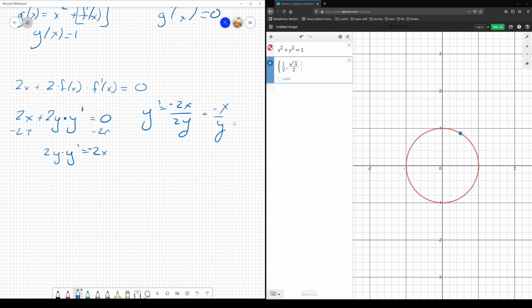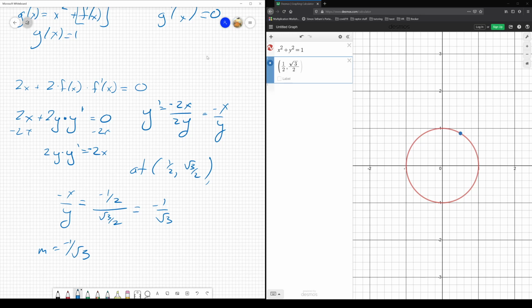So putting everything together, at the point 1/2, root 3 over 2, negative x over y equals negative 1/2 over root 3 over 2, which is negative 1 over the square root of 3. So the slope of that line is negative 1 over the square root of 3.